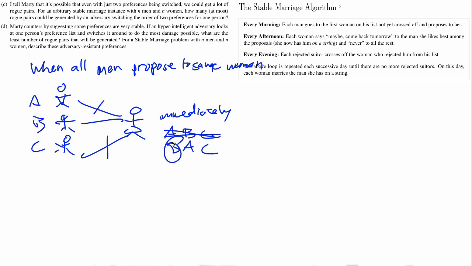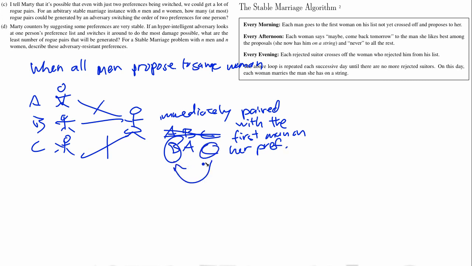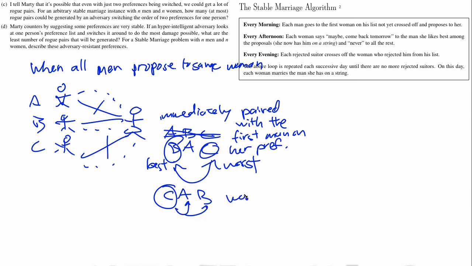And following from our previous example, she is immediately paired with the first man on her preferences. So switch this with the worst preference, best, worst, and all of a sudden you have C, A, B. The woman is paired with C, her least favorite, and should much rather go with A or go with B.